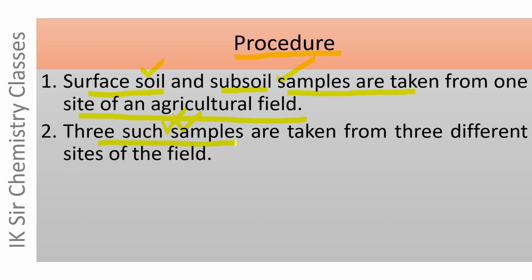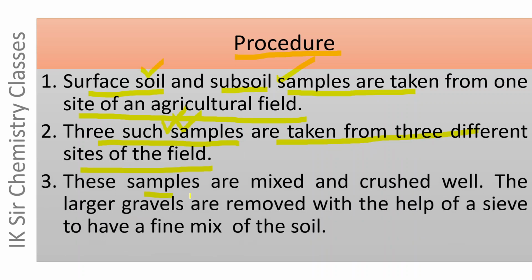Three such samples are taken from three different sites of the field, and these samples are mixed and crushed well. The larger gravels are removed with the help of a sieve, that is chalni, to have a fine mix of the soil.